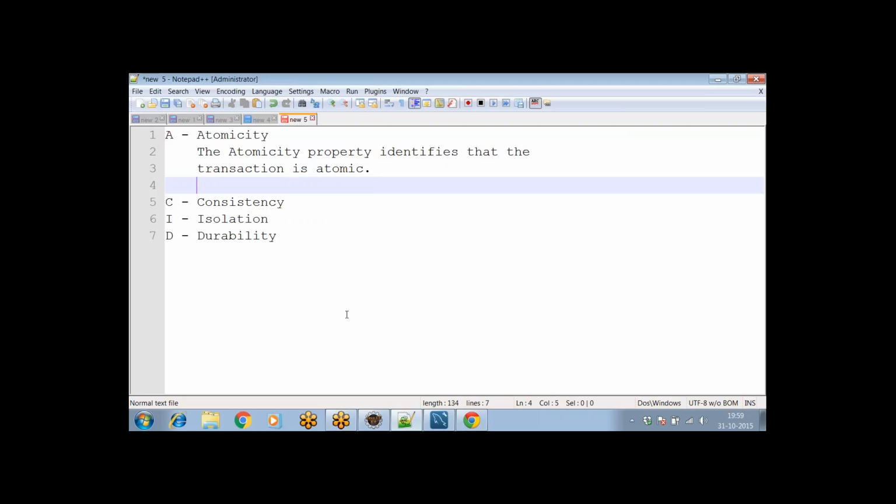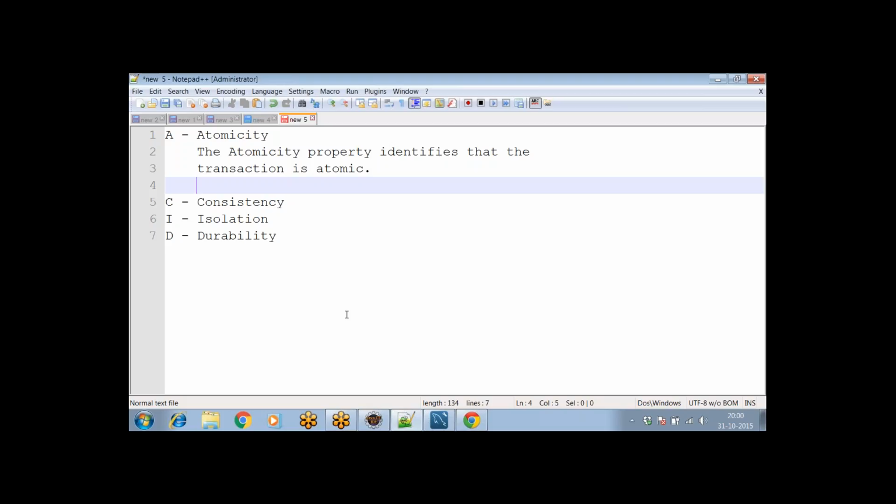Generally you know the meaning of atomic, right? So what is the meaning of atomic? It is the smallest unit which cannot be further divided.